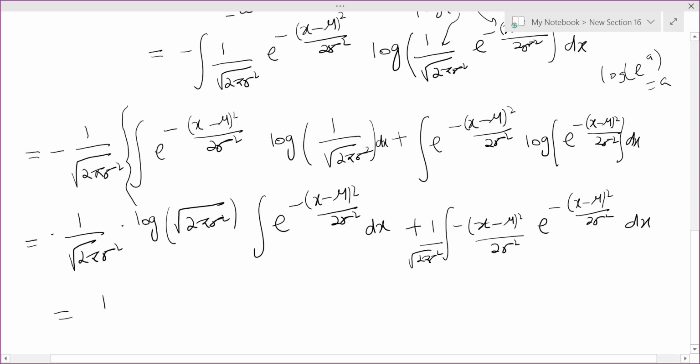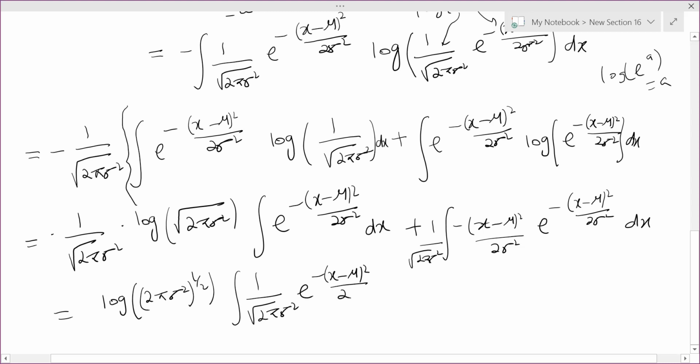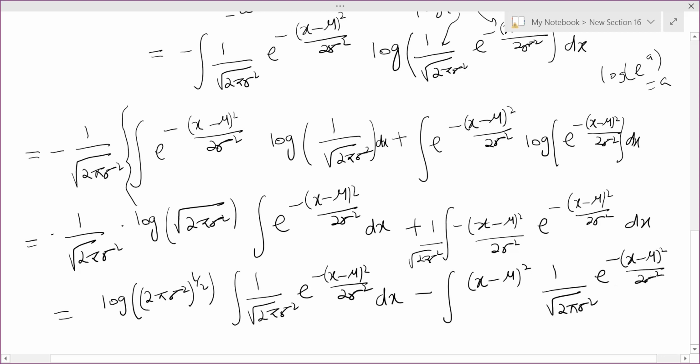I will write here log of under root 2 pi sigma square to the power half, integral 1 over under root of 2 pi sigma square e to the power minus x minus mu square divided by 2 sigma square dx, minus of this, and then the integral, it will be now x minus mu square times 1 over under root of 2 pi sigma square e to the power minus x minus mu square divided by 2 sigma square dx, and here is 1 over 2 sigma square.